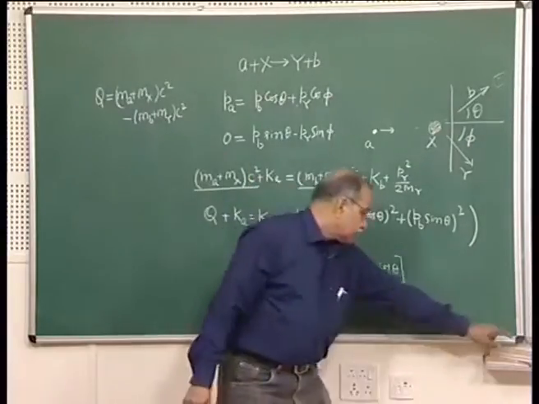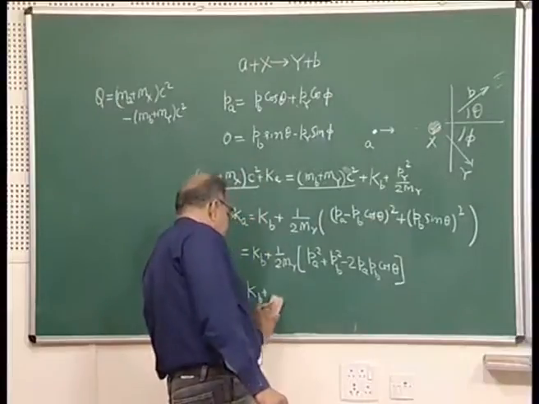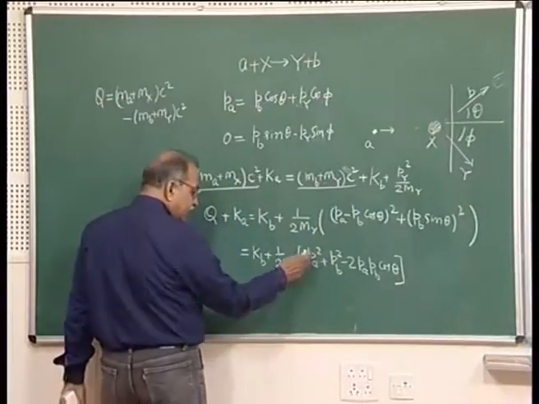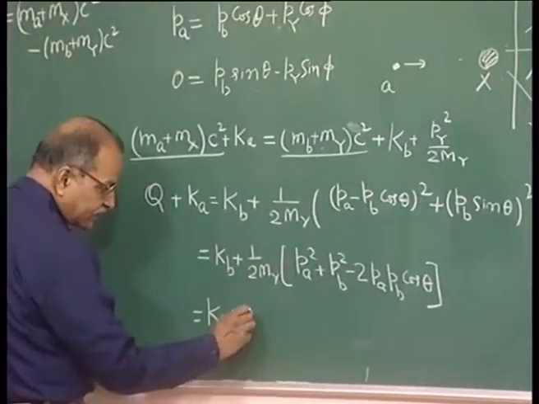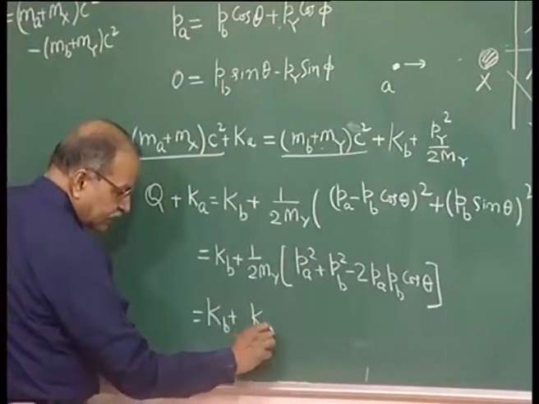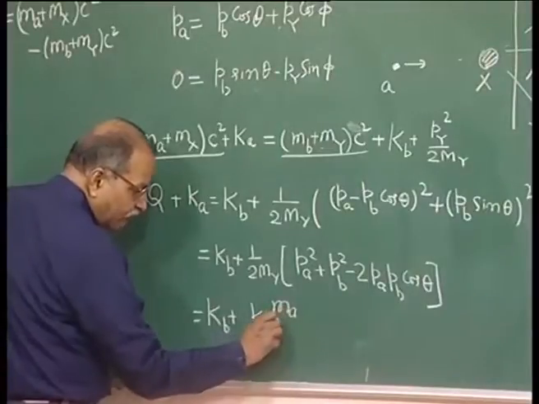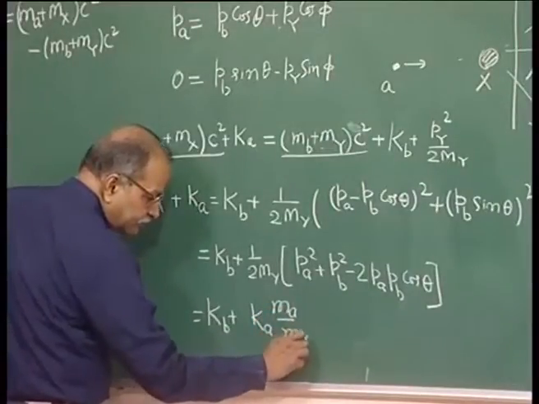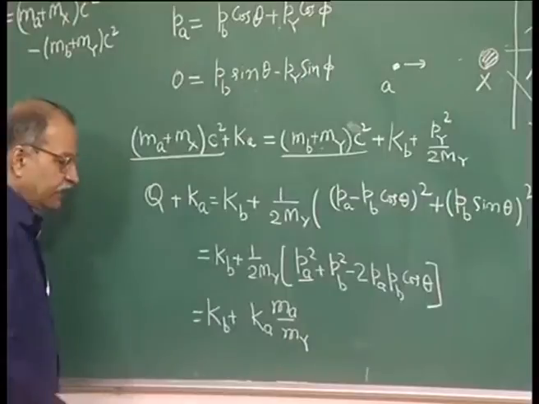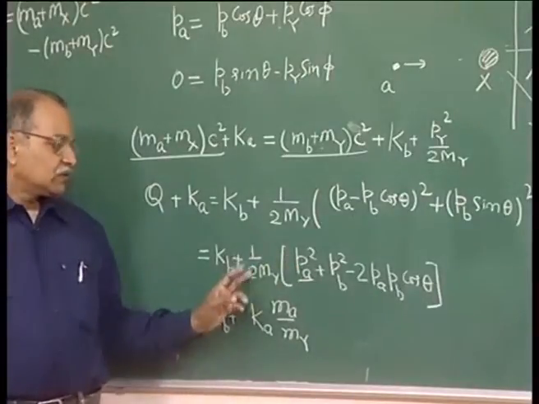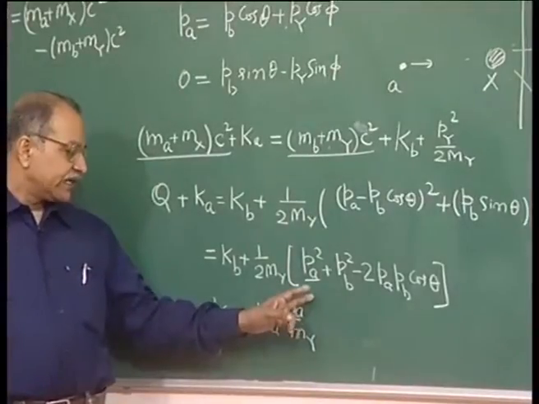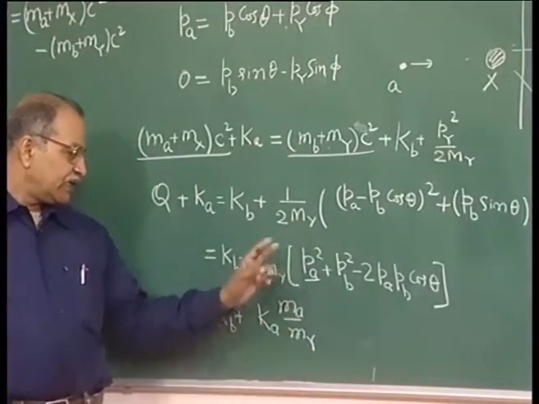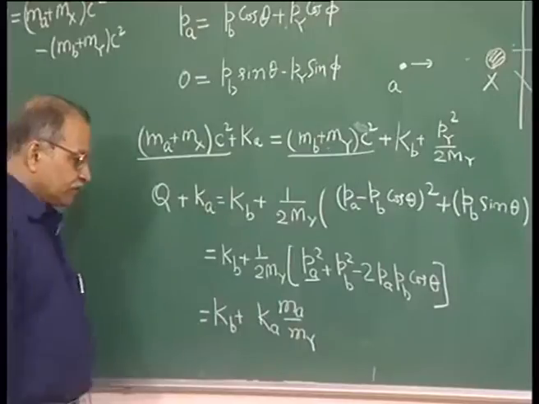So, here let us do some rearrangement. Pa square by 2my, you can write this as Ka times ma by my. So, this term I am writing Pa square by 2my, Pa square by 2ma is the kinetic energy Ka, and then ma by my is this.